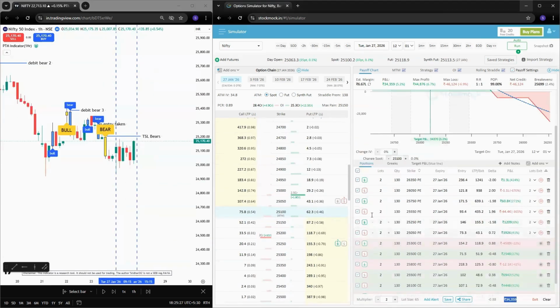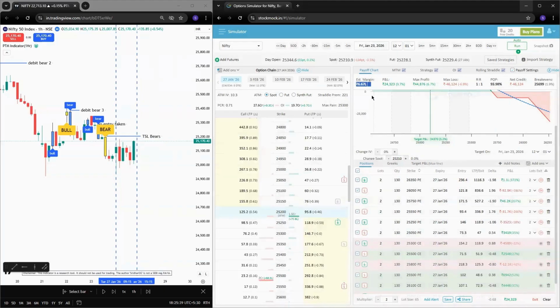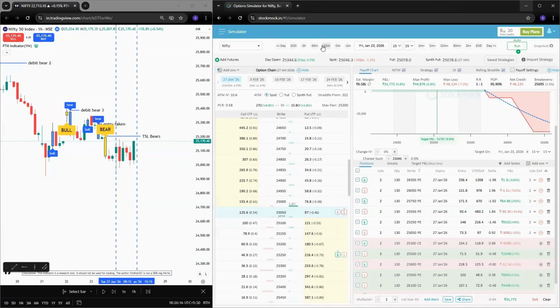But here you can see the margin is showing 6.67 lakh. Why is it showing 6.67 lakh? Simple question. I'll go back 1 day and check what my margin is. If I refresh my margin on Friday 23rd Jan at the closing, my estimated margin requirement is 4.83 lakh.